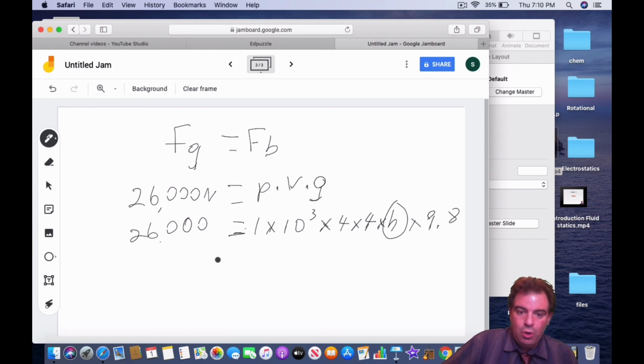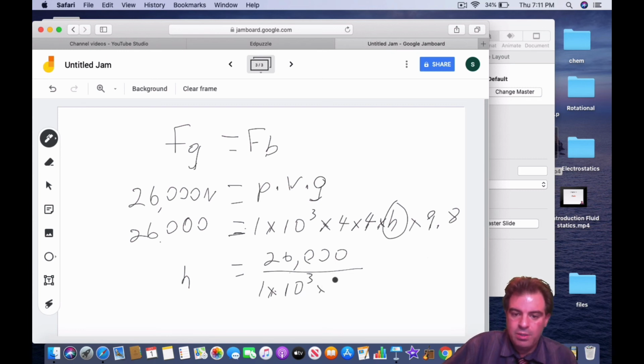So the height is going to be 26,000 newtons divided by the density of water, 1 times 10 to the third, times 4, times 4, times 9.8.